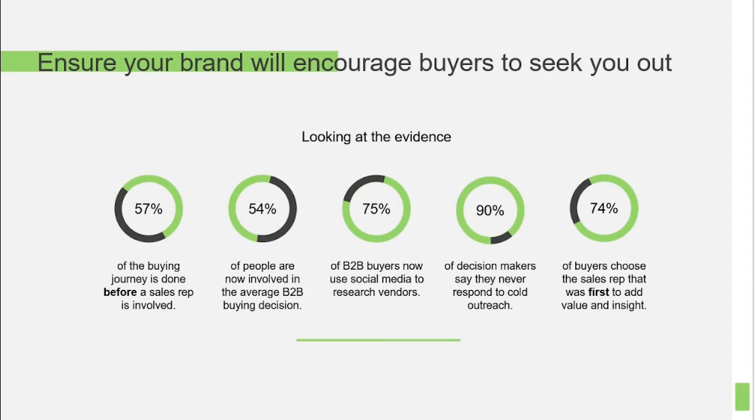To put out information that educates these buyers on the industry and where the gaps are and where the pains are that your product can solve. That's what you want to educate. That's what you want to build awareness of, because then they're coming to their own decision of, hey, I need something to fill this gap, to solve this pain. And your product is the right answer to that, versus trying to attach a value to your product specifically.